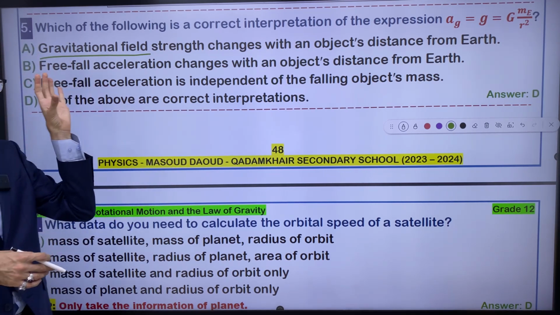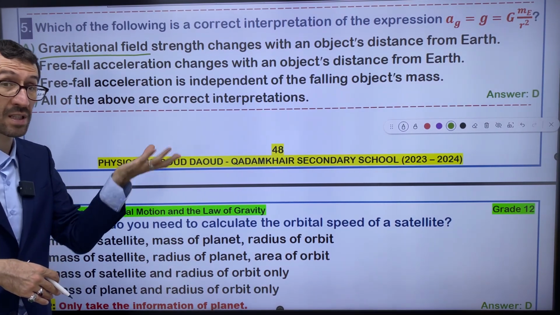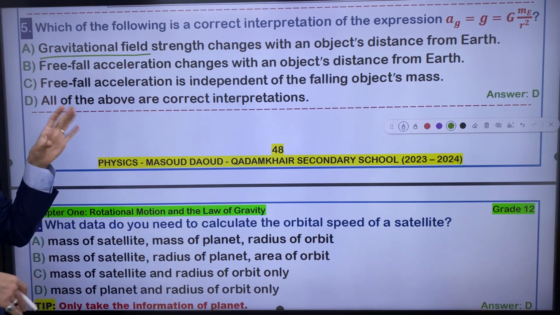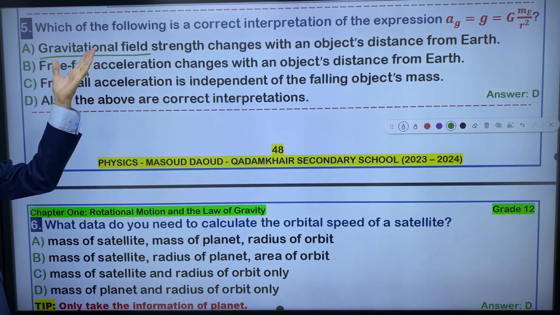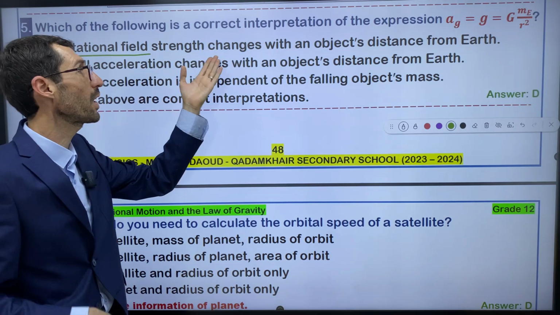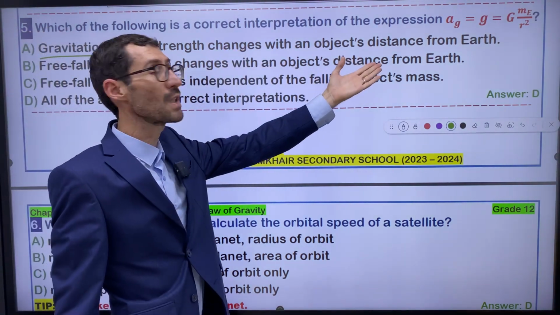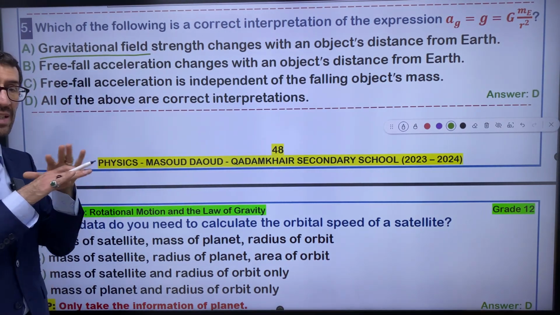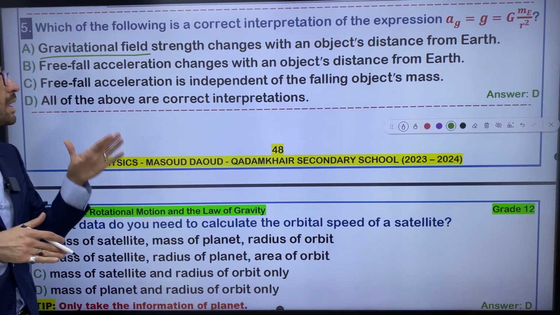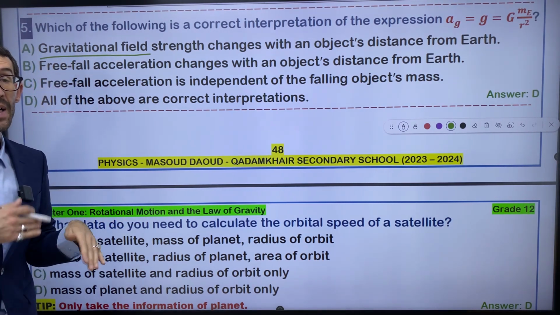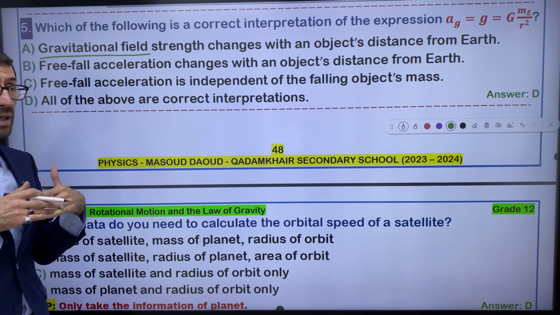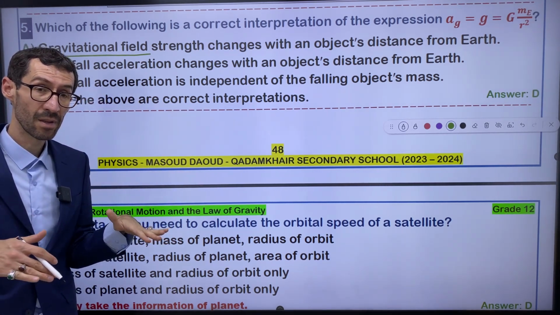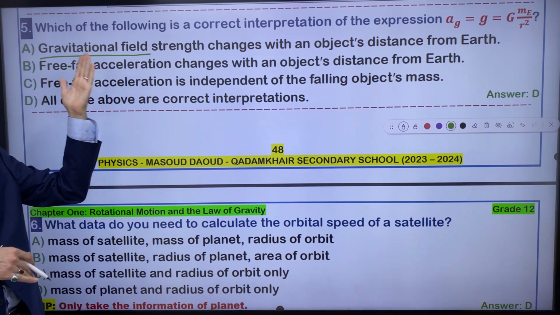This field is in charge of exerting force on an object to make it fall toward the center of Earth. Actually, this option is true. Gravitational force strength changes with the object's distance from Earth, right? The closer the object is to the surface of Earth, the greater the gravitational force, and vice versa. The farther the object is from the surface of Earth, the less the gravitational field.